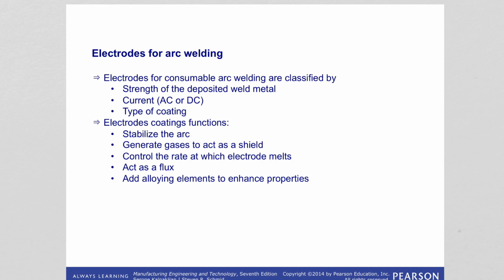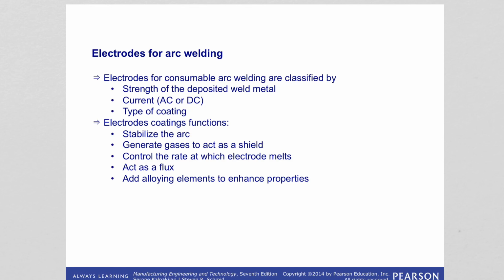So we talked about electrodes being coated with materials, and what is the purpose of these coatings. There are several functions. One is to stabilize the arc and then generate gases to act as a shield against the surrounding atmosphere, control the rate at which the electrode melts, and act as a flux.